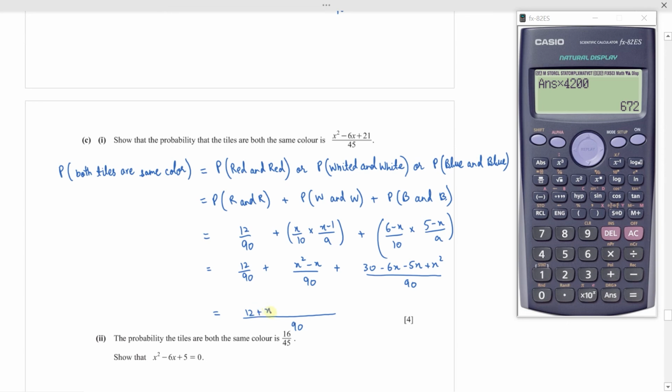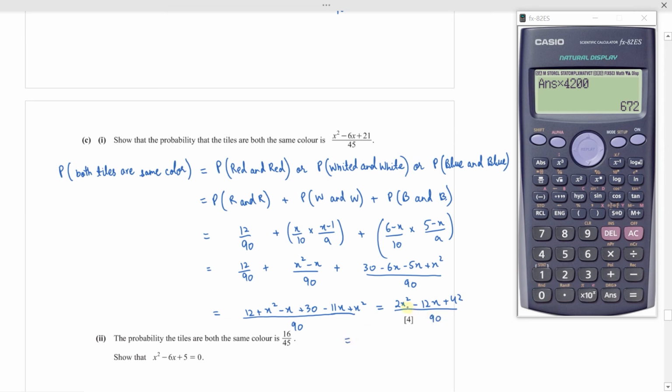So 12 plus x squared minus x plus 30, minus 6x and minus 5x will be minus 11x, and then plus x squared. So x squared plus x squared will be 2x squared, and then minus 11x minus x will be minus 12x, and 30 plus 12 will be 42 over 90.